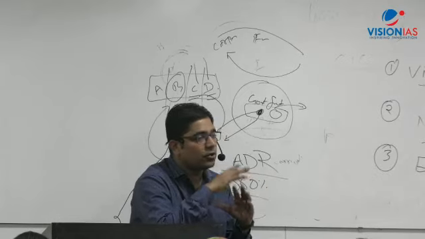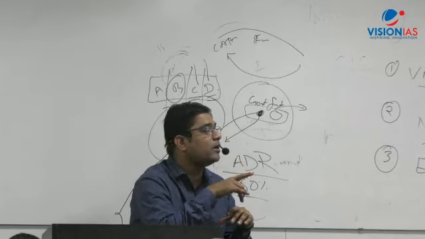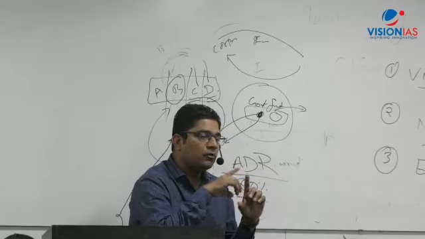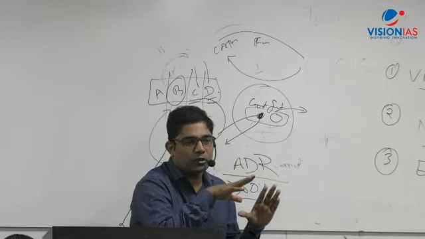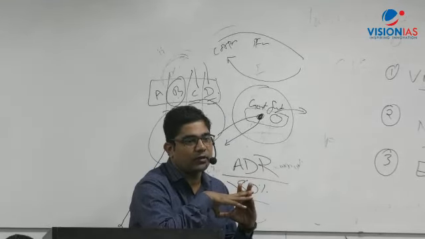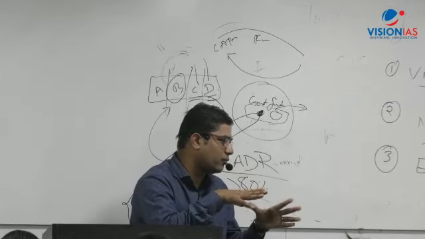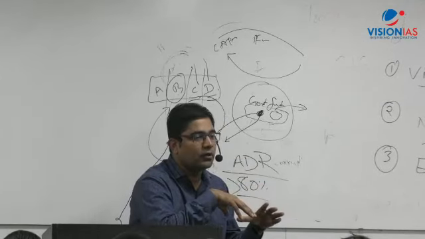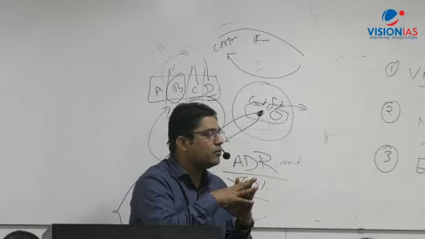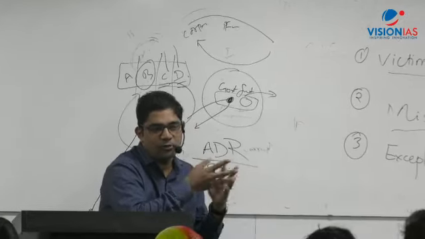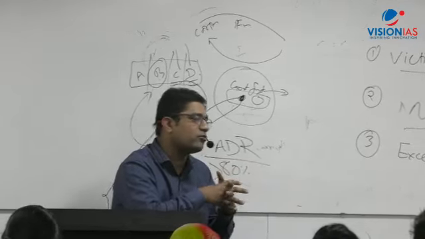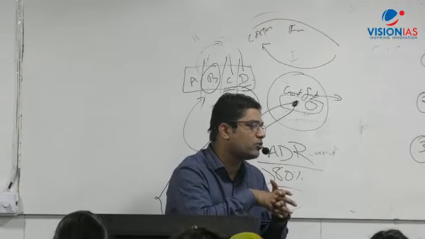This has become unimportant. In fact, there is one line in the RTI statute: whenever there is a conflict between the RTI and the Official Secret Act, the information should be released in the larger public interest. In spite of all these things, we continue to see, because people are obviously not aware of this fact, they say that Official Secret Act के अंदर this information cannot be given.